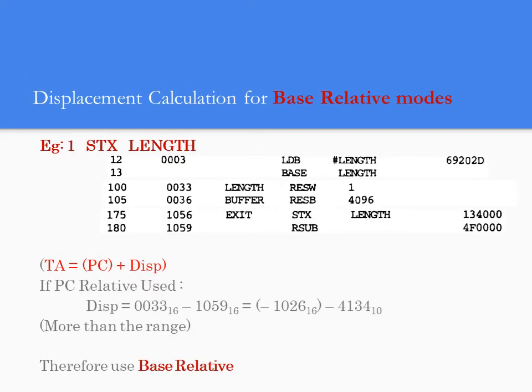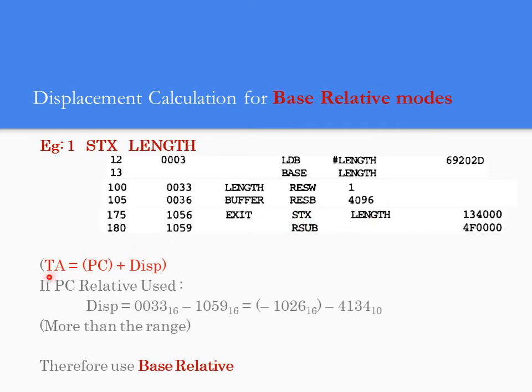Okay, so now let us look at an example for an instruction where the displacement is getting calculated with base relative addressing mode. So this instruction, STX length. So as I told before, the assembler would first try to decode this using PC relative.